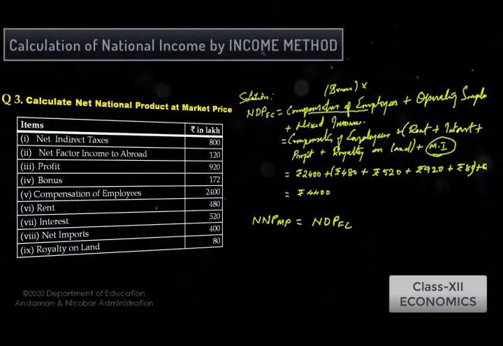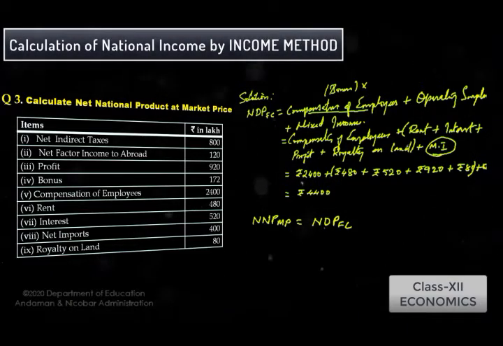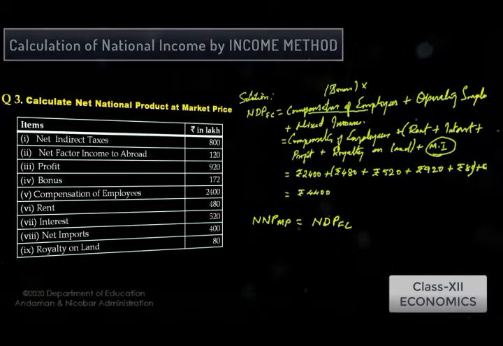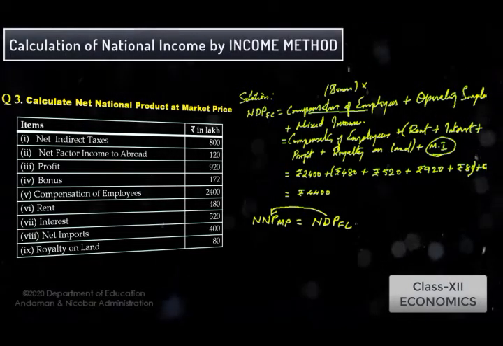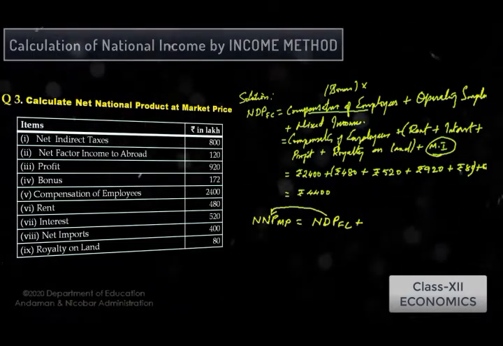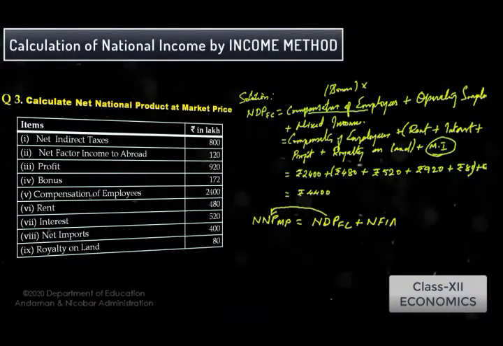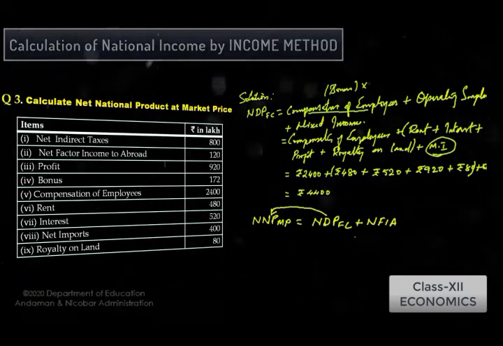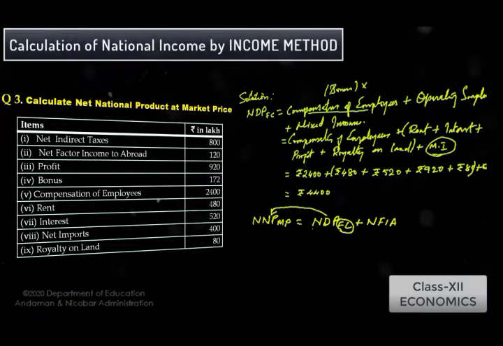The first thing is the domestic value, which needs to be converted into the national value by adding the value of NFIA, that is net factor income from abroad. Then the factor cost is given, and we need to reach the value of market price.